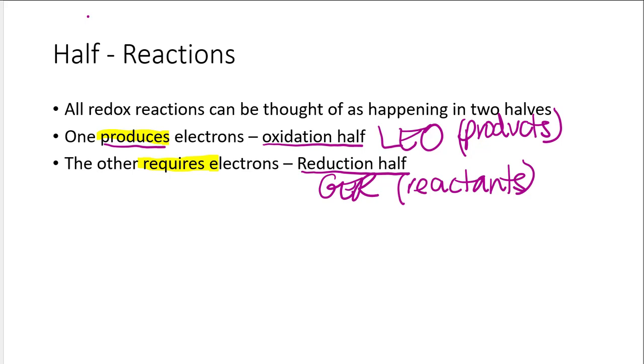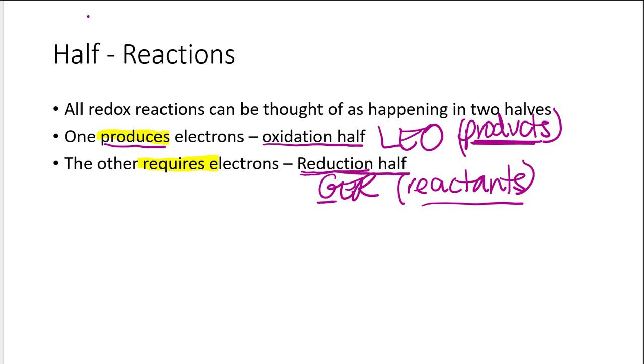Therefore, we would show electrons in the products of our half reaction. For the other half reaction, the reduction half, it requires electrons, again because reduction is our GER. Reduction is gaining electrons, and to gain them, that's on our reactant side of our half reaction method.